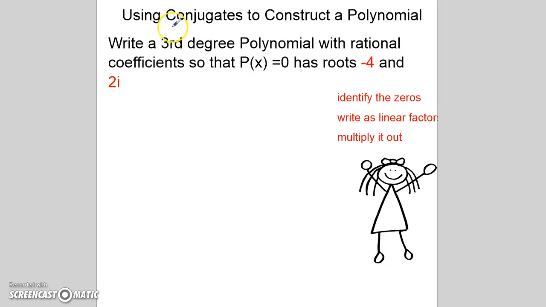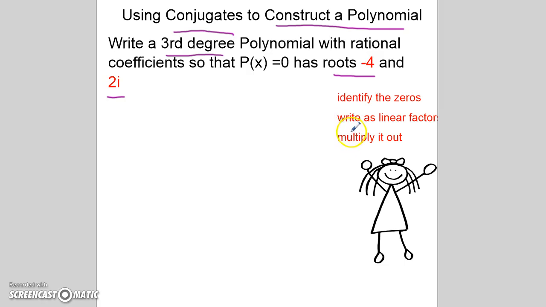We're going to use what we just learned about conjugates to actually write out an entire polynomial. We're going to write a third degree polynomial with rational coefficients, so we have roots at minus 4 and 2i. When we did this before, we identified our zeros, wrote them as linear factors, and multiplied everything out.